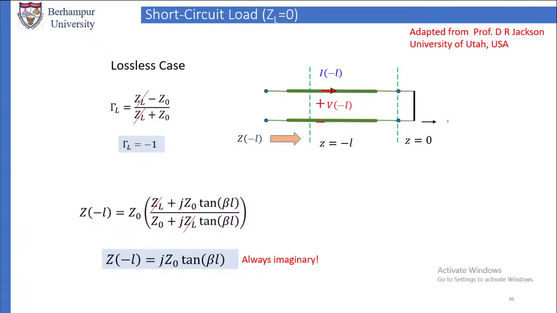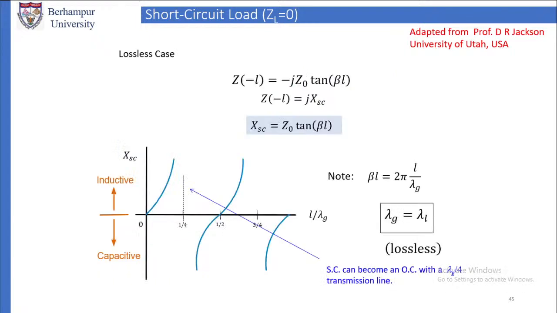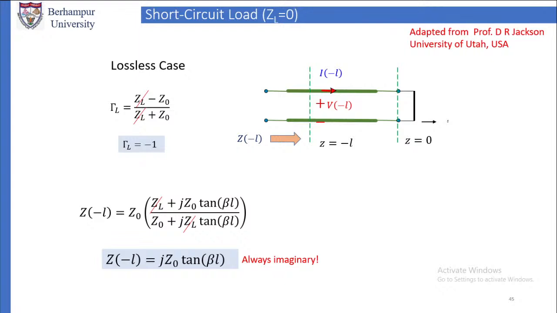If tan beta L is not 0 or infinity, it will be imaginary. If it is 0, Z will be 0, which is equivalent to a short circuit. If it is infinity, Z will be infinity, which is equivalent to an open circuit. Otherwise, it will always be an imaginary number.